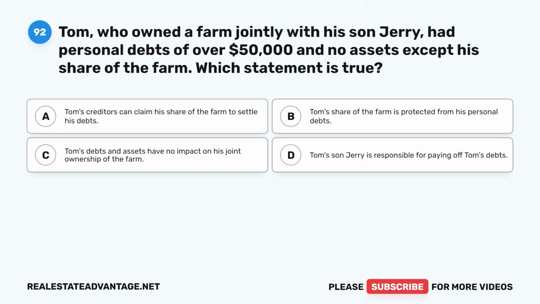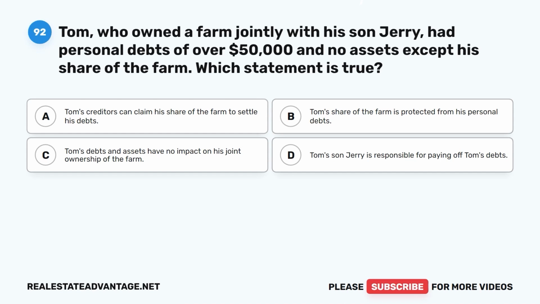Question 92. Tom, who owned a farm jointly with his son Jerry, had personal debts of over $50,000 and no assets except his share of the farm. Which statement is true? A. Tom's creditors can claim his share of the farm to settle his debts. B. Tom's share of the farm is protected from his personal debts. C. Tom's debts and assets have no impact on his joint ownership of the farm.